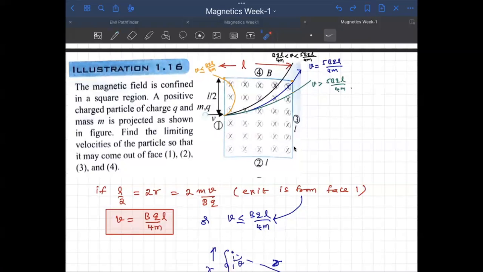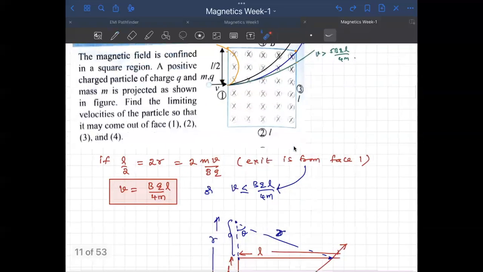If L by 2 is equal to 2R, this is the condition. If L by 2 is greater than 2R, it comes out inside. So therefore, the condition is L by 2 equal to 2R, with R meaning mV by BQ. So from this I can say V is less than or equal to BQL by 4m. In this condition, it comes out from face 1.